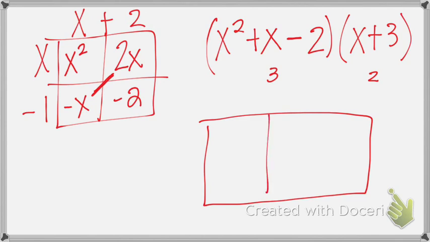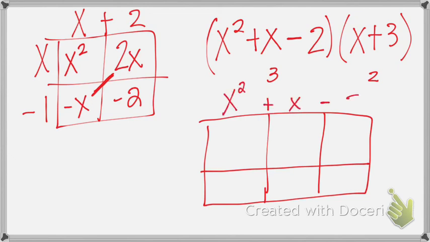So we're going to have 3 columns and 2 rows. And it's going to work the exact same way. So across the top, x squared plus x minus 2, and on the side, x plus 3. Solve it like normal.